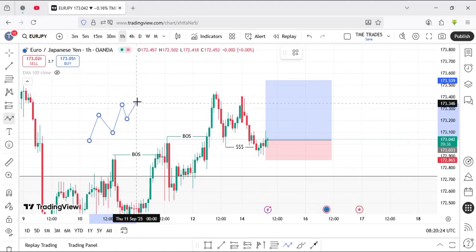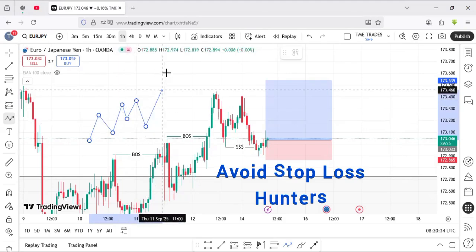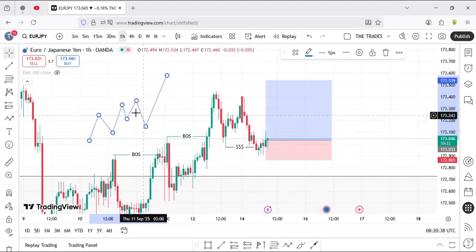Then the market will go up a little, right? Next thing you are going to see, the market will come down to take out that liquidity or that low before continuation to the upside. I want you to always keep this in mind in your trading analysis.